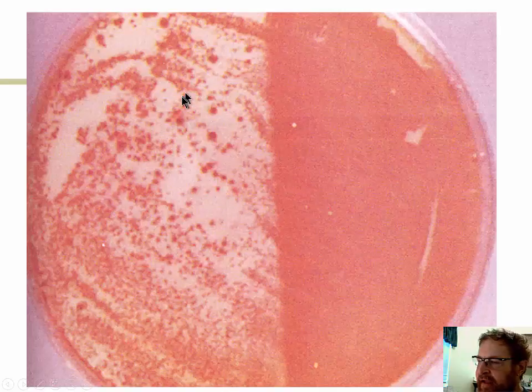This side on the left was exposed to the UV light, and there are so many fewer bacteria on this side than on this side because the light was able to get in and kill them.